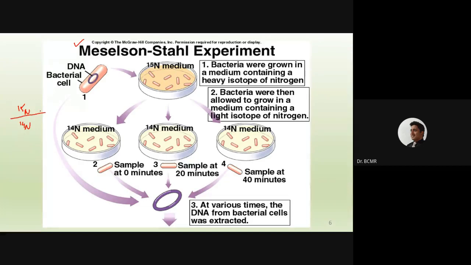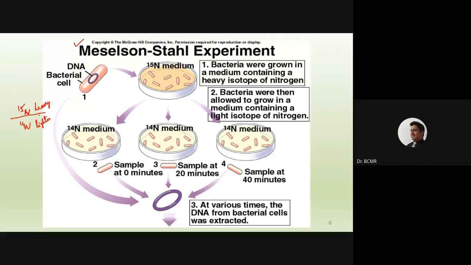It's about weight, right? The number of protons and other things that it has. N15 has more, so it is heavy, whereas N14, because it has one proton less, would be lighter.